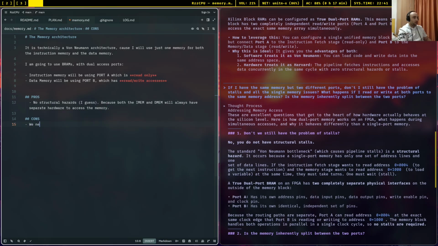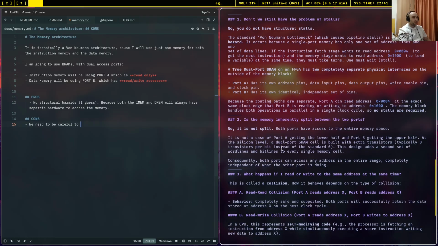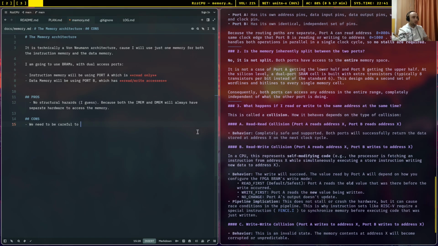We need to be careful, I guess, of concurrency problems. To read, I mean, read-write conditions.